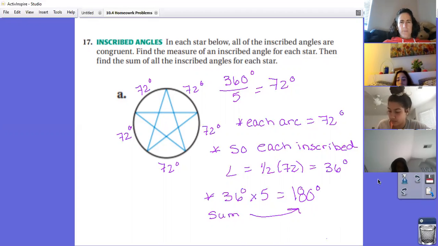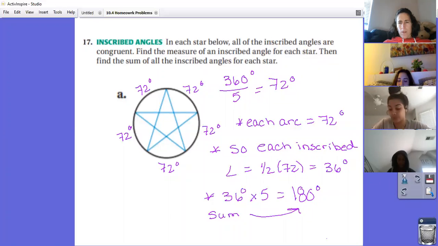Does that make sense? Wait, so why wouldn't you divide 72 by 2? Well, multiplying by half and dividing by 2 is the same thing. Any other questions about number 17?